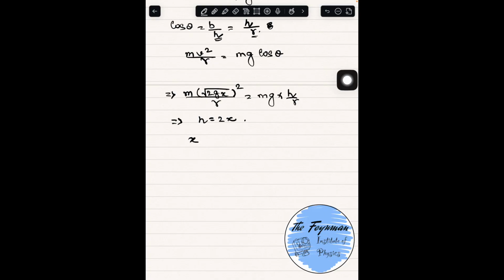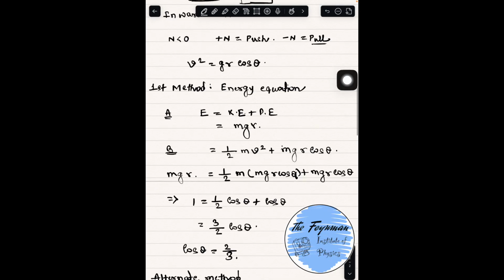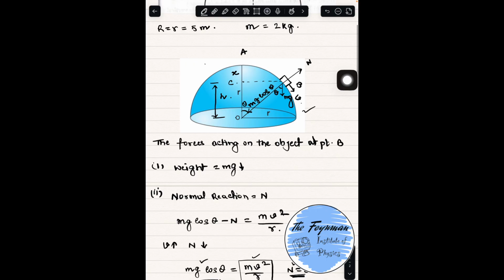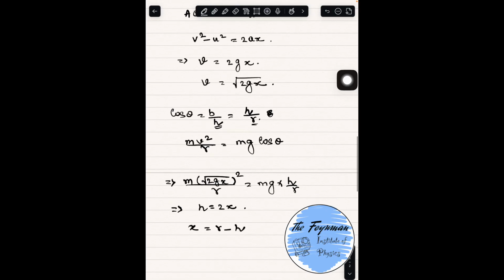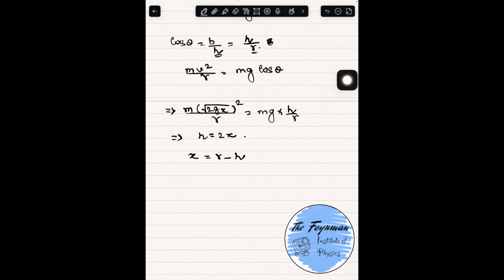Since x is equal to the total radius r minus h, we can write h is equal to 2 into r minus h. Substituting the value of x, we can write h is equal to 2 by 3 r.